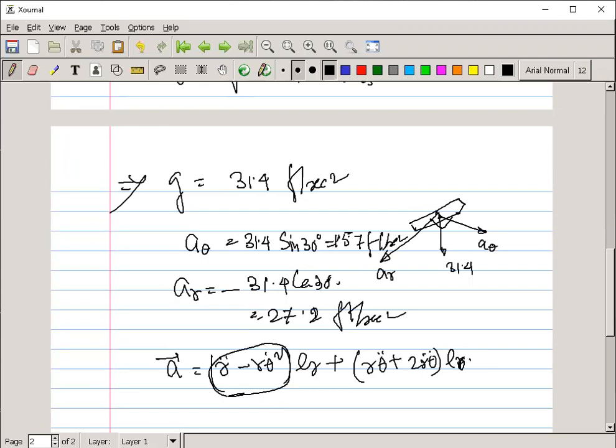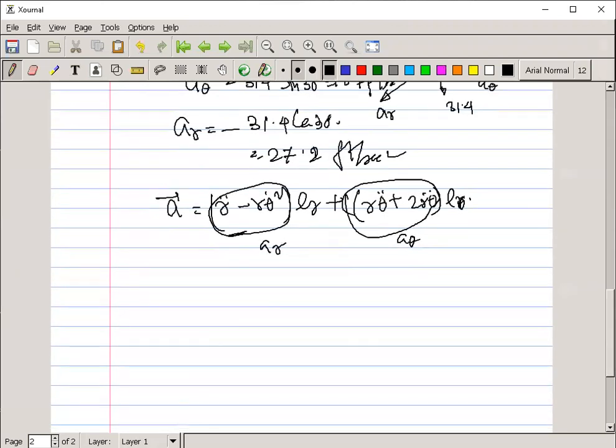So this one is your a r, this one is your a theta. So a r, which is nothing but r double dot minus r theta dot square, is given as 27.2, right?